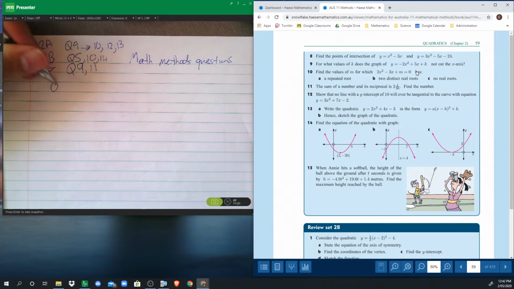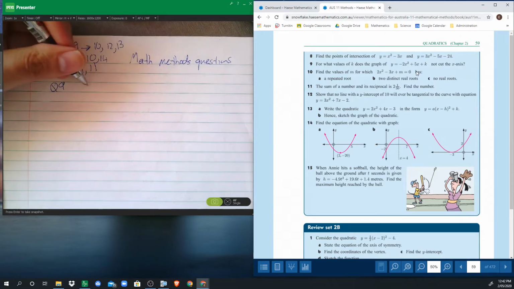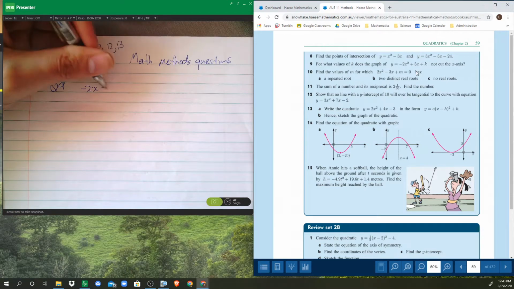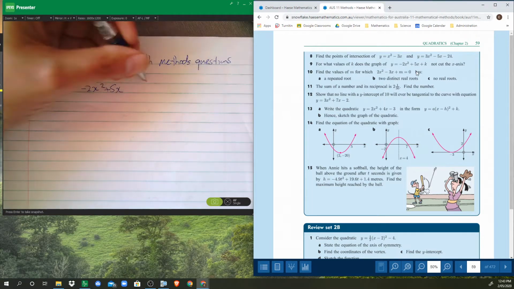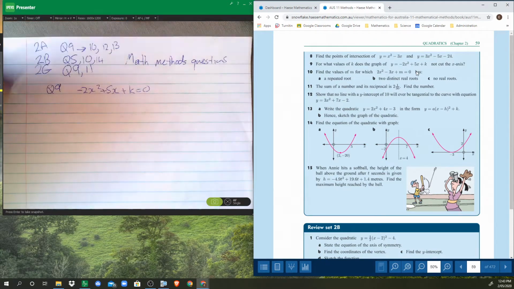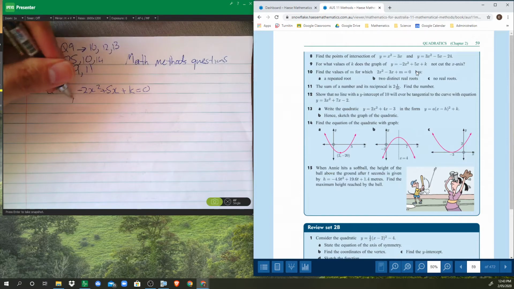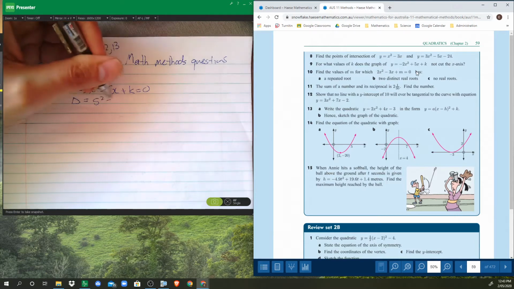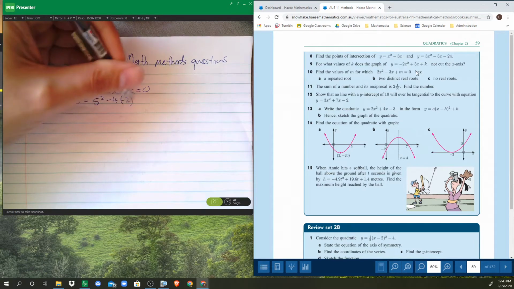So question 9. All right, if 2x squared plus 5x plus k equals 0, that's when you hit the x-axis. All right, discriminant is equal to b squared, 5 squared, minus 4 times a times c.